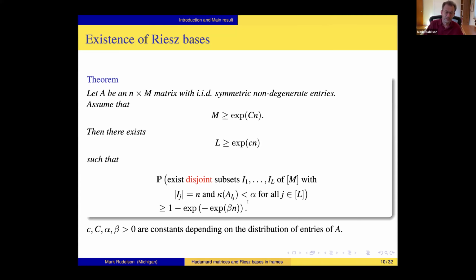So these Riesz bases are actually relatively nice Riesz bases. So this is the existence statement. If we have exponentially many columns, then there are exponentially many blocks at the same time for which the condition number is bounded. Let me pass to the non-existence statement.